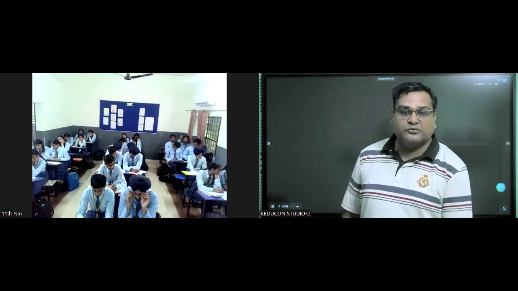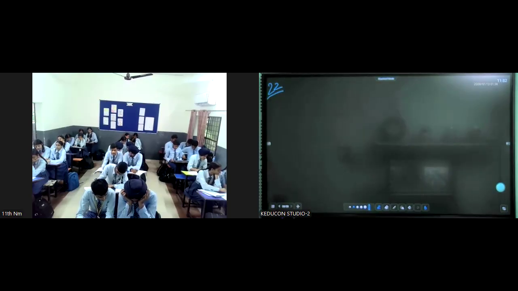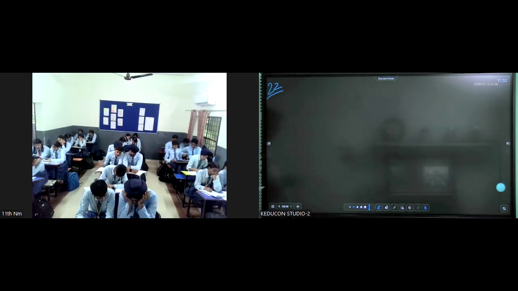क्वेश्चन नंबर 22. Just look at the question number 22 in the assignment. What is this? You have to find the domain of the function x square minus 5x plus 3 over x square minus 4. Please find out.